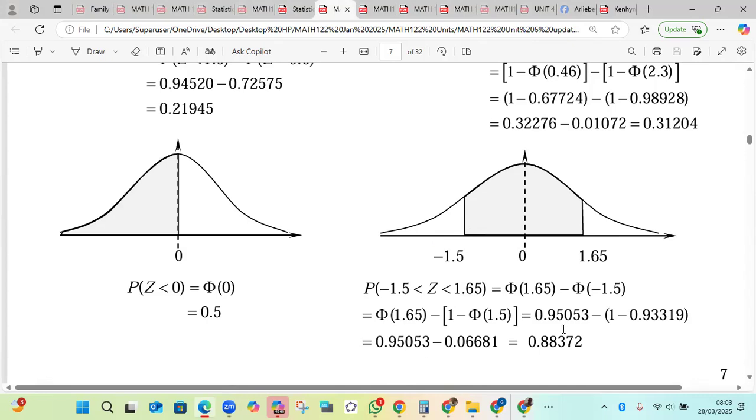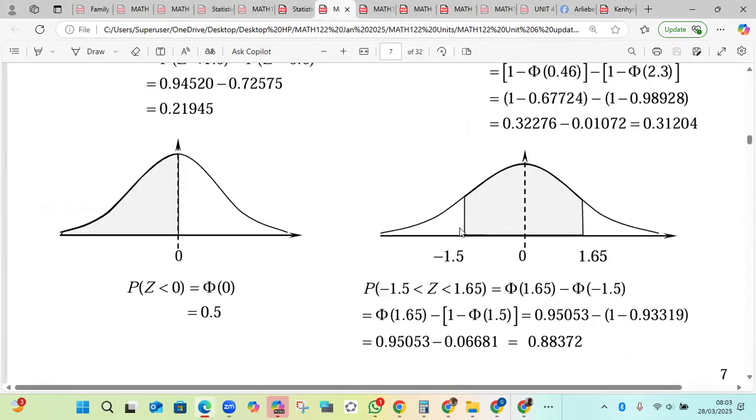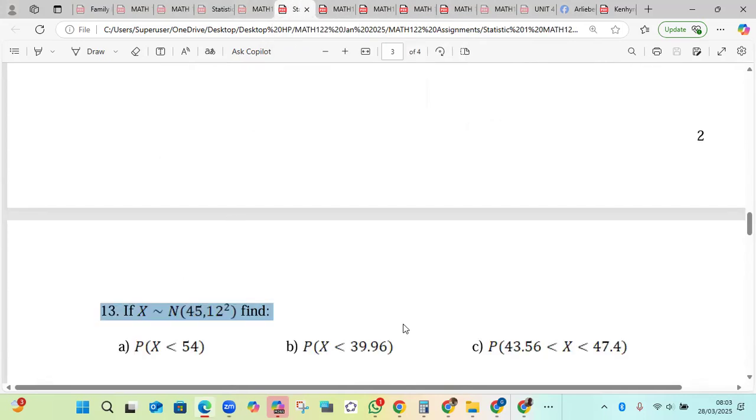Find the phi of the positive, subtract from 1 to give us the tail. We're going to get a value less than 0.5, and then subtract each other to find our final answer. So for part C, it is very similar looking to this example here. So hopefully this helps us to answer number 13.